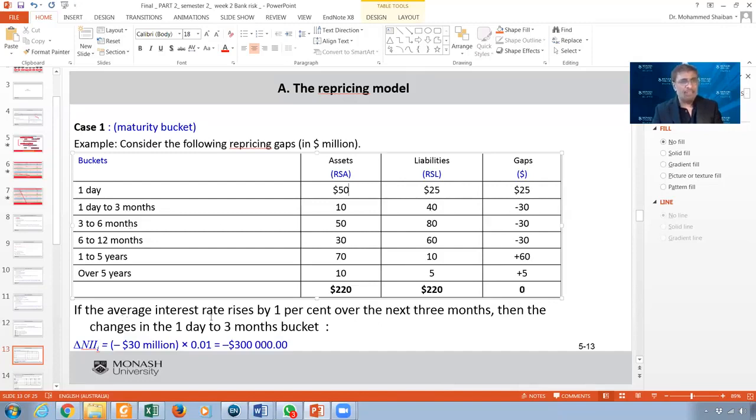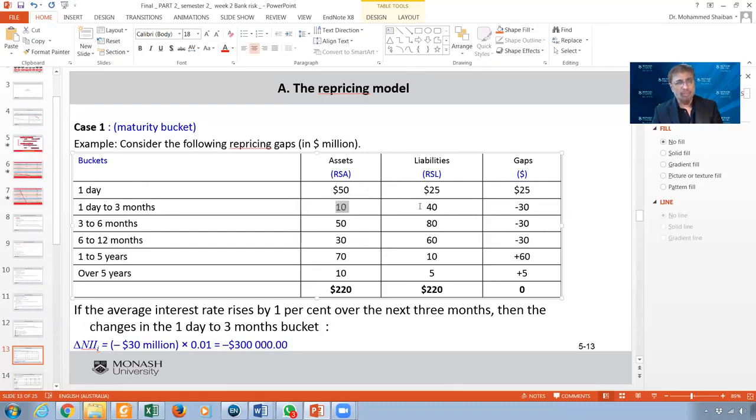Now, if the average interest rate rises by 1% over the next 3 months, I'm talking about this horizon, what would happen to me in this horizon is my assets are less than my liabilities.